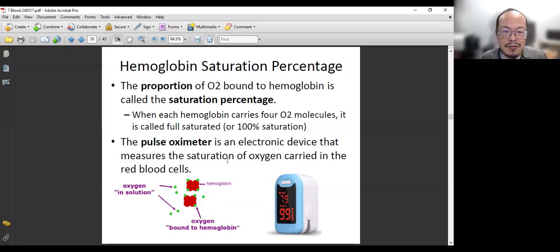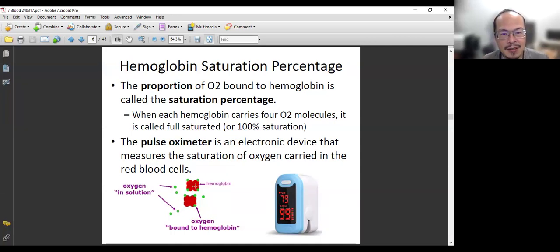But sometimes it doesn't carry to its maximal potential. We then have a saturation percentage of less than 100%, and we can measure it.